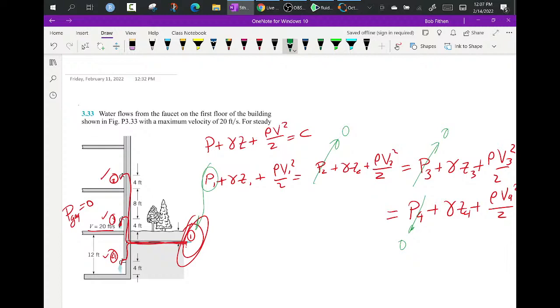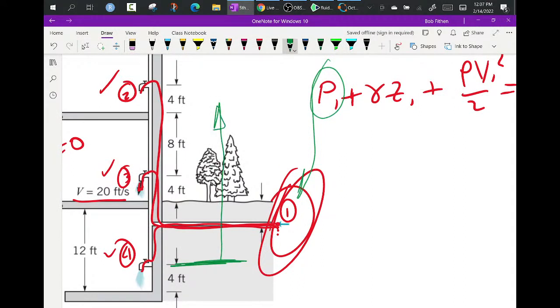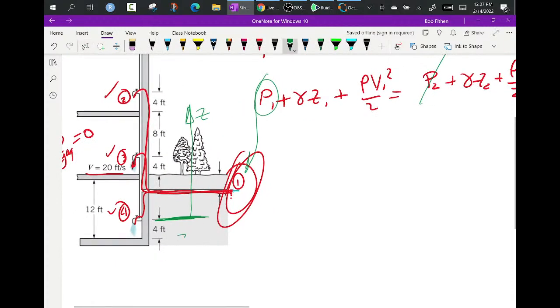What else can I say? Well, first, I need to pick a datum. I'll go ahead and make this the datum, and I'll call that Z. If that's the case, it tells me Z4 is equal to 0. It tells me Z3, which is this location, is 4 and 8, or 12 above it. And Z2, which is the very top, is 24.